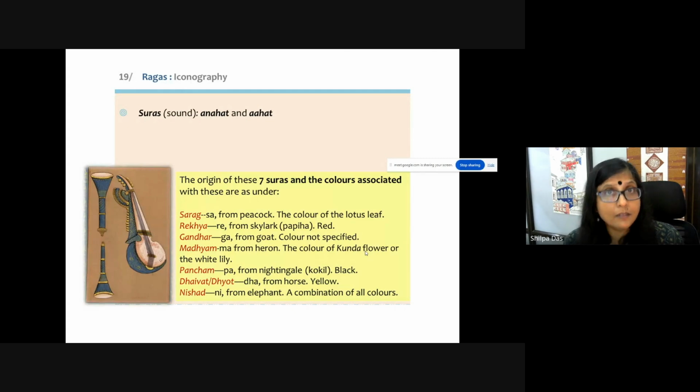So they observed the sounds of certain birds and animals and they derived these notes, this alphabet of music, from the sounds that they heard in nature. And therefore they developed this entire system of notes.